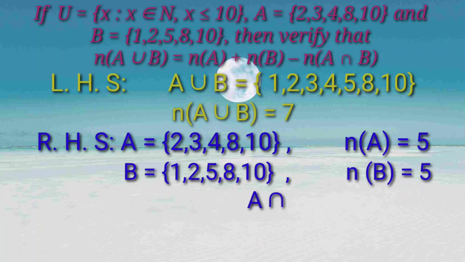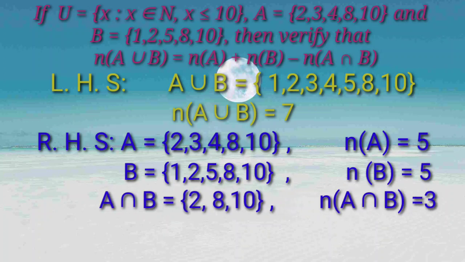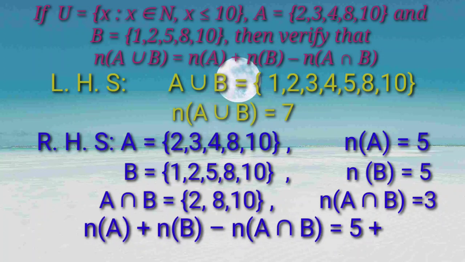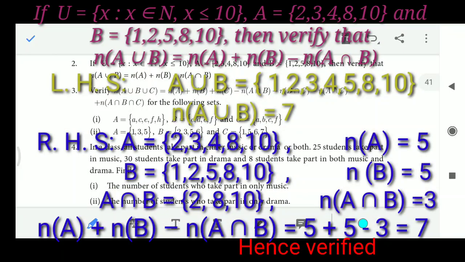The common elements between A and B are 2, 8 and 10, so n(A ∩ B) = 3. Substituting in n(A) + n(B) − n(A ∩ B), we get 5 + 5 − 3 = 7. So from the left hand side and right hand side, we verified that n(A ∪ B) = n(A) + n(B) − n(A ∩ B).